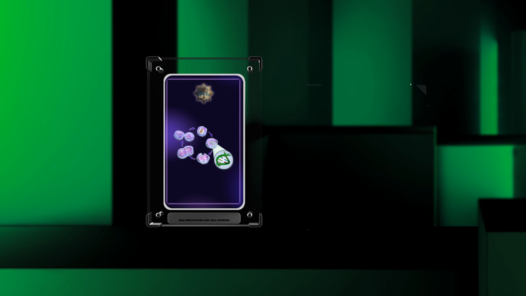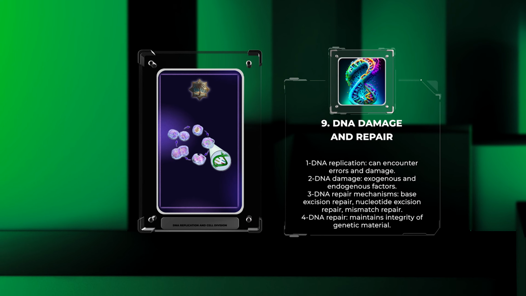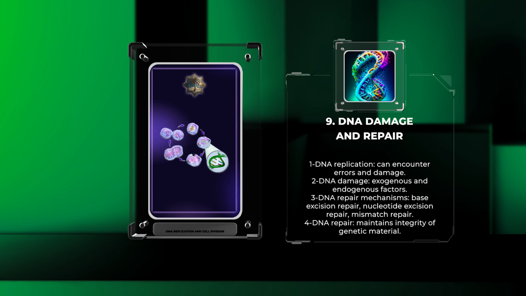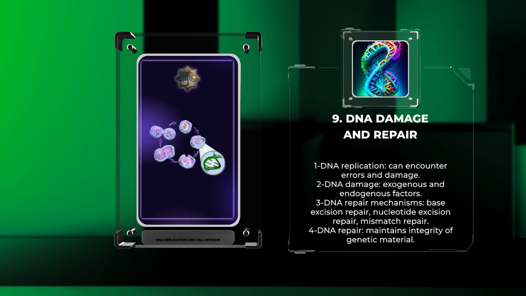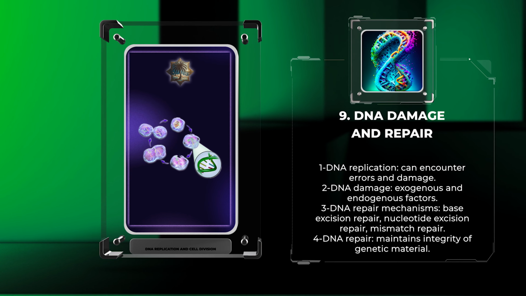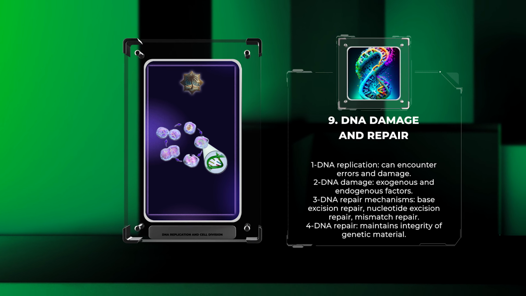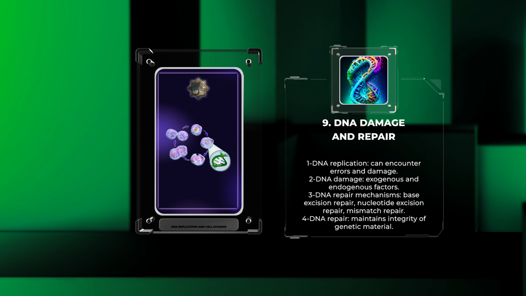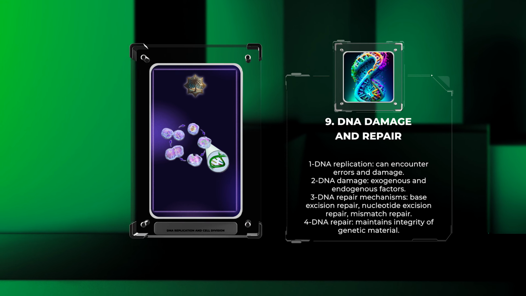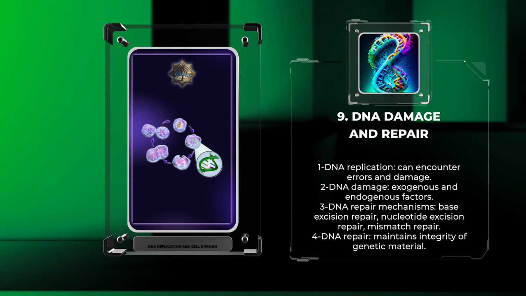Despite the fidelity mechanisms, DNA replication can still encounter various types of errors and damage. DNA damage can arise from exogenous factors such as radiation or mutagenic chemicals, as well as endogenous factors like reactive oxygen species. Cells employ several DNA repair mechanisms, including base excision repair, nucleotide excision repair, and mismatch repair, to maintain the integrity of the genome and prevent the accumulation of mutations.